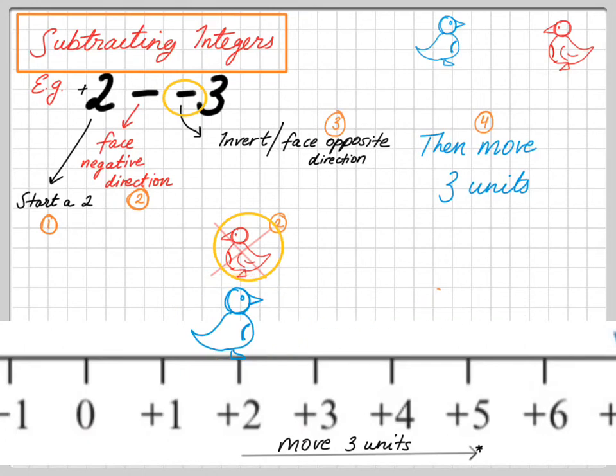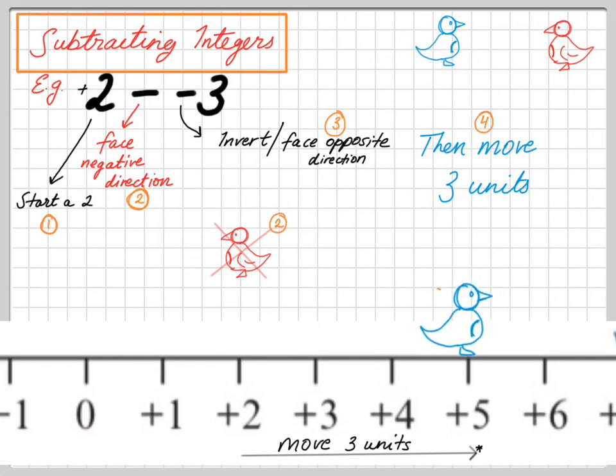How many units do we do that? We do it 3 units. So our little bird here is now facing the positive direction, and we're moving 3 units, 1, 2, 3, and that's where we land.